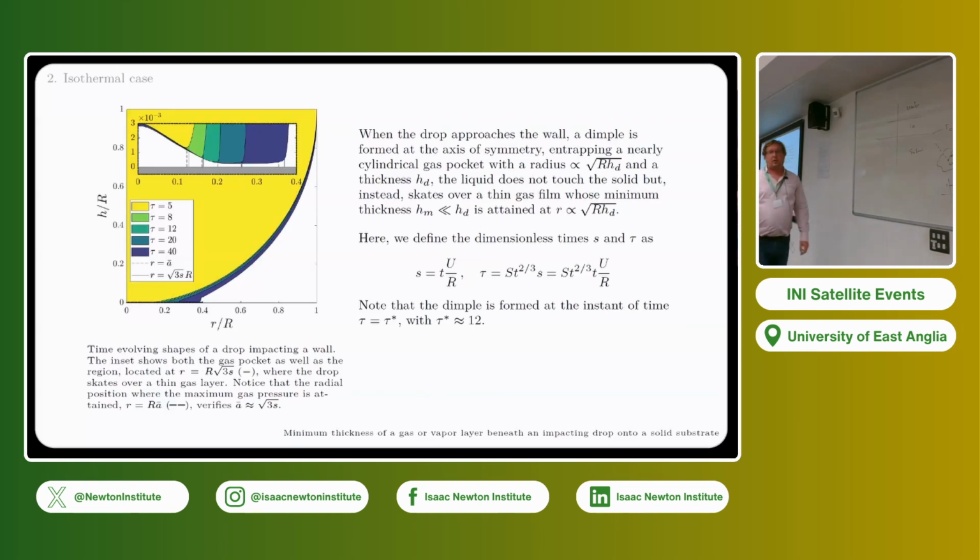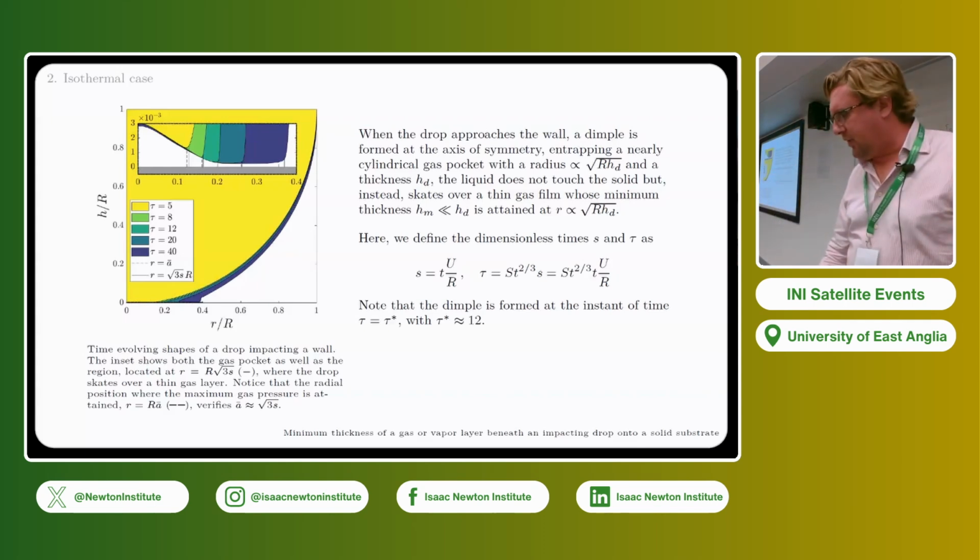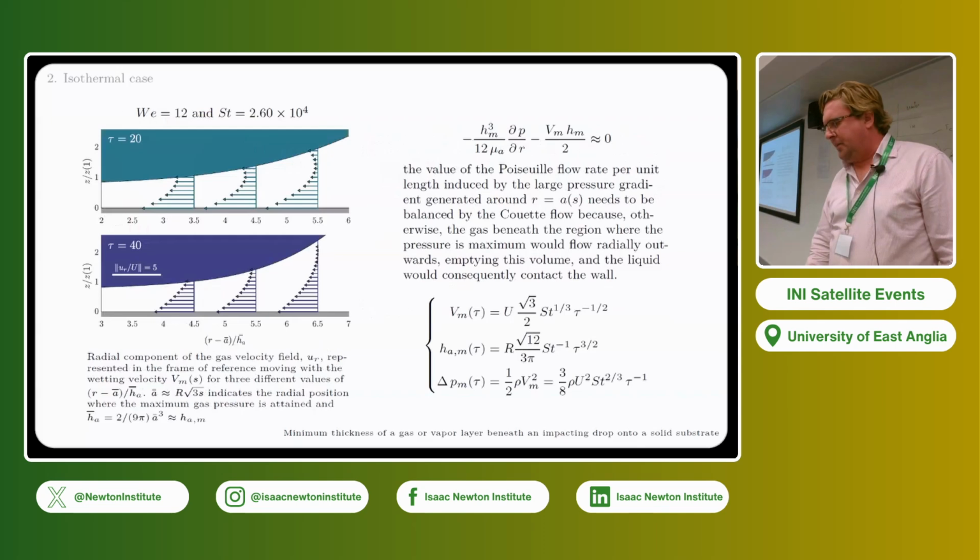As exposed before, we introduced this scaling to scale the time. So we define a general dimensionless time with the impact velocity and the radius of the drop, and we define tau, rescaling by the Stokes number as I have presented before.